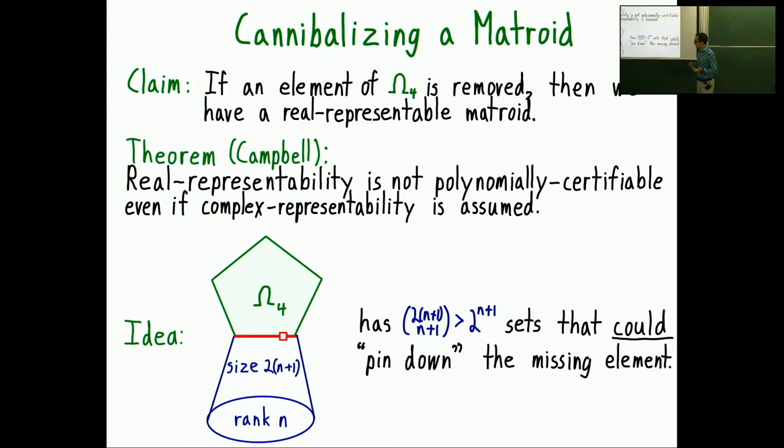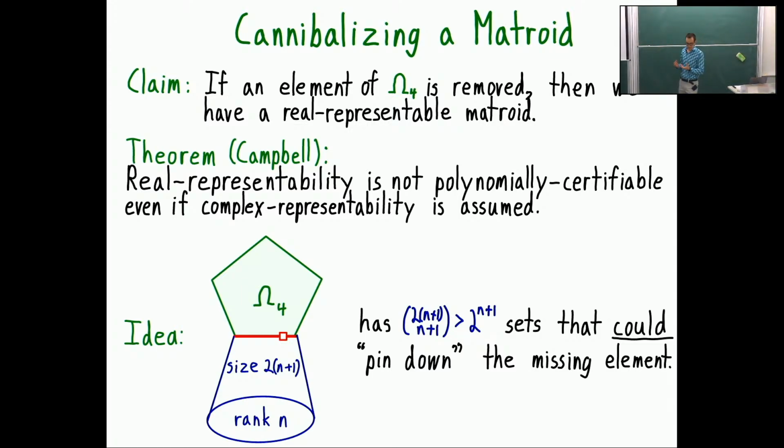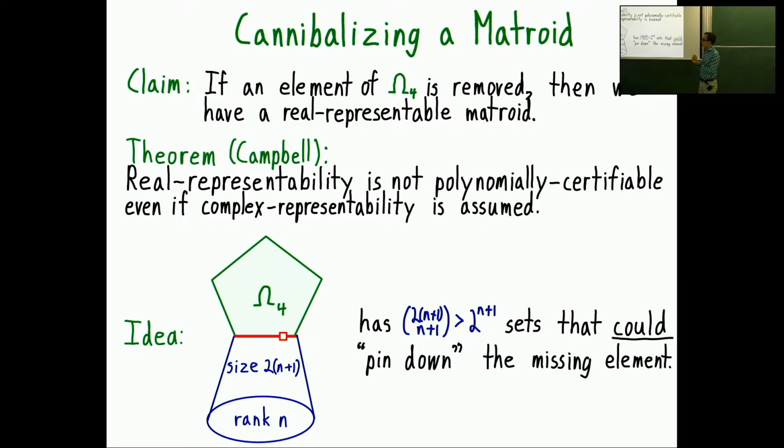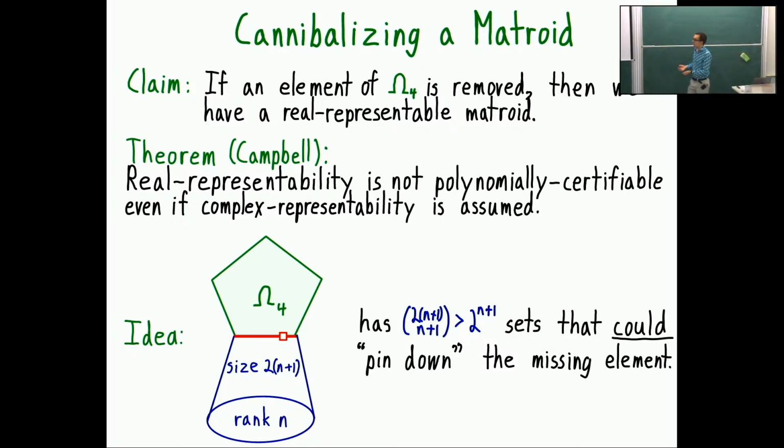The rank n here means that we have independent sets of size n+1, and to point to any element on the line, we need n+1 elements.